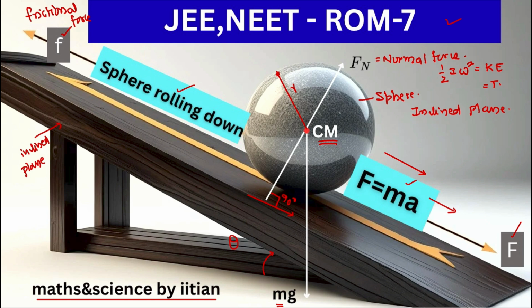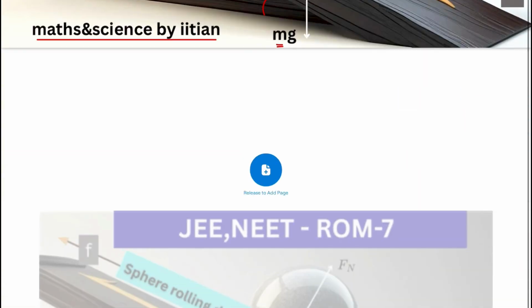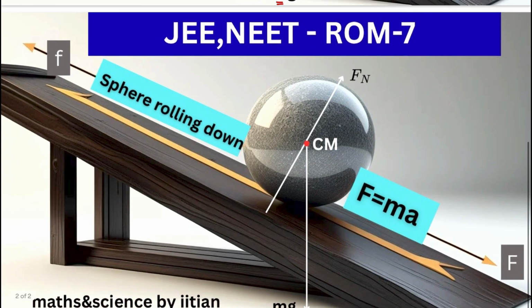No slippage means the contact between the inclined surface and the ball is always present. This is the contact. No slippage means contact is perfect between the ball and the inclined plane.